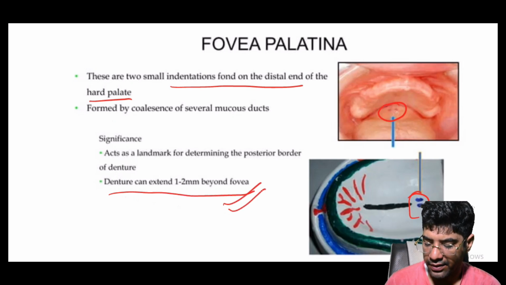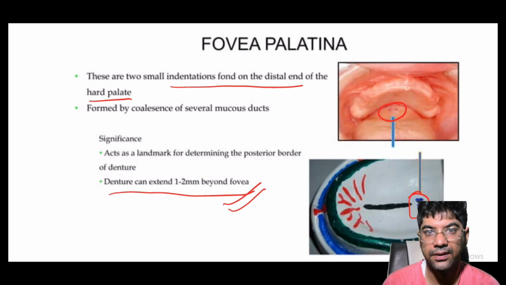The denture can extend 1 to 2 mm beyond the fovea. That is its clinical significance, as it allows for adequate retention, since the secretion from the fovea spreads a thin film over the denture that aids in the stability of the denture.